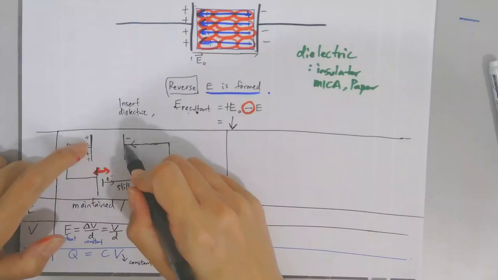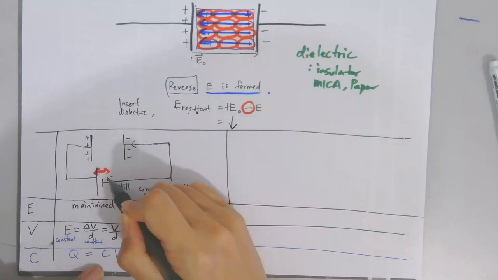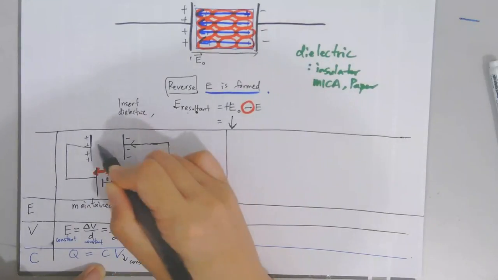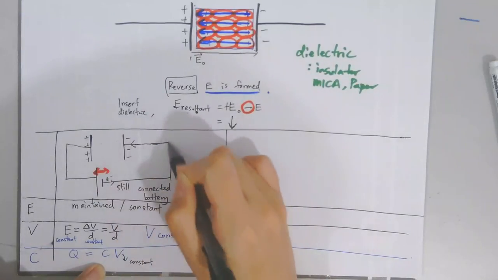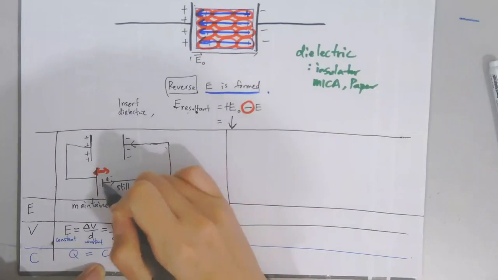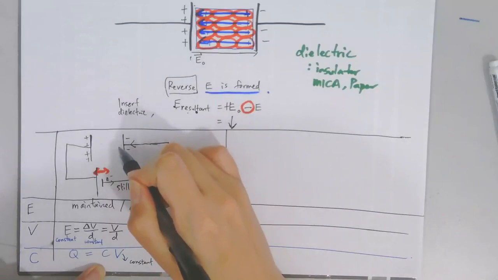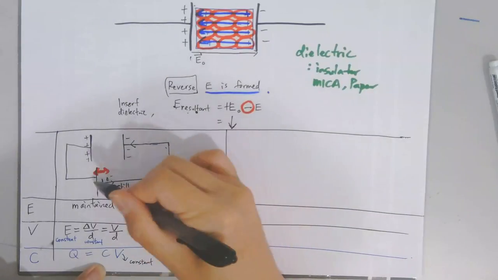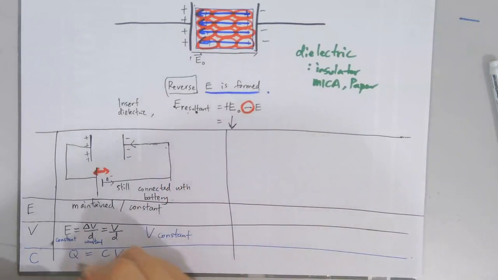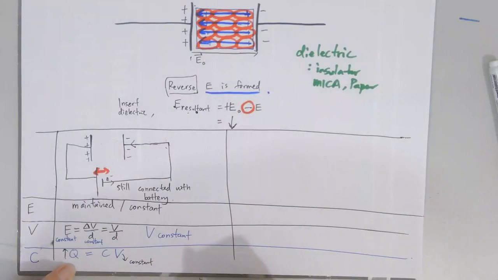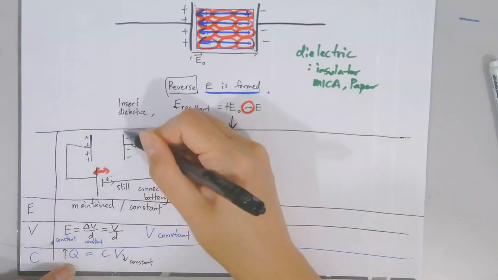Memandangkan kapasitor masih connect dengan bateri, electron, kalau electric field dekat sini dah berkurangan, electron akan come off from battery dan dia akan ke arah negative terminal. Maksudnya more charge can reach the negative plate. Or we can say more charge can be stored in the capacitor.